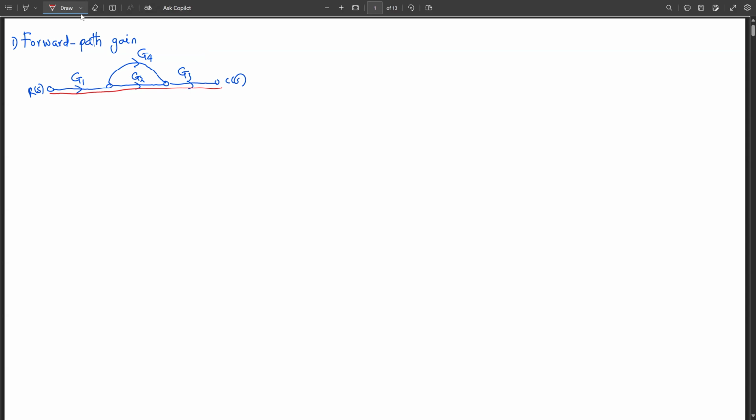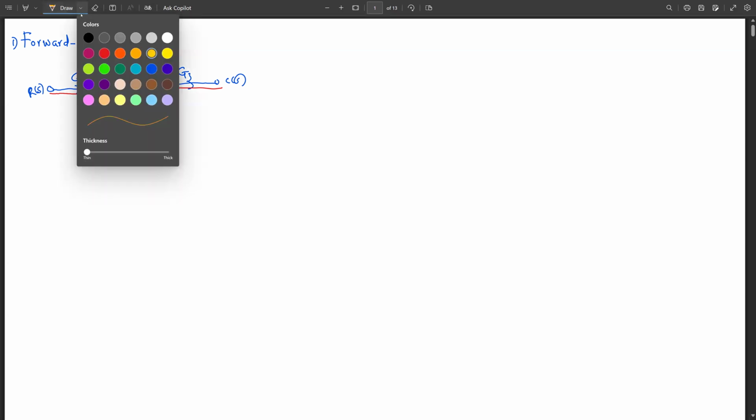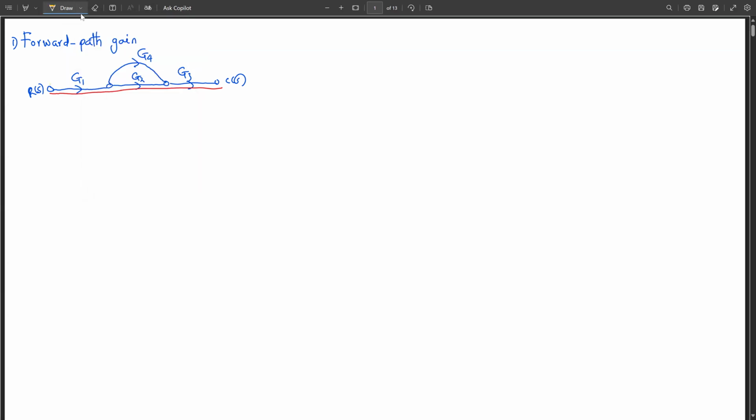And then our second path is from the input node. Then we trace this path, we pass here, and that's our second path. Now the gain is simply multiplying the gains on the systems. So for the red forward path, the gains are G1, G2, and G3.